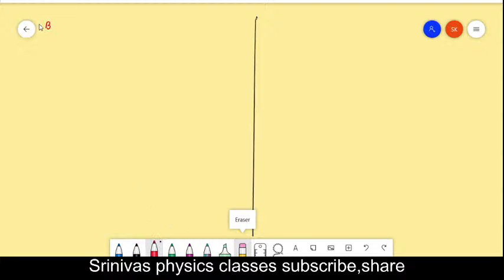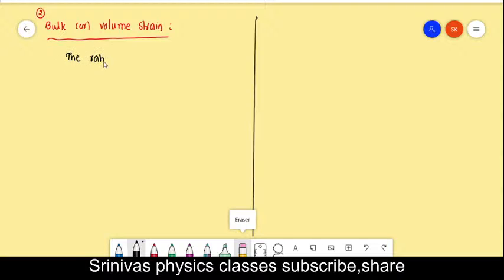That is the bulk or volume strain. What is bulk or volume strain? Its definition: generally, the strain definition is the ratio between the change in dimension and the original dimension. Here we have to take the dimension as volume. That's why we get the definition like this.